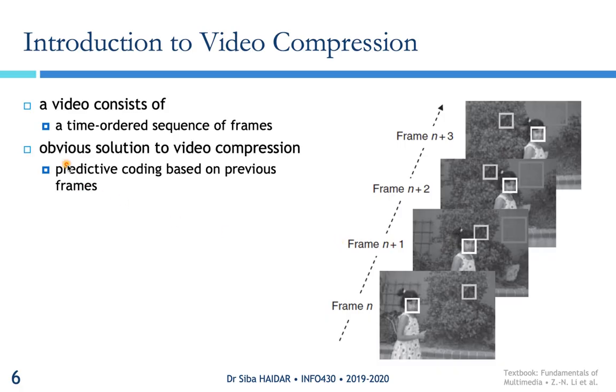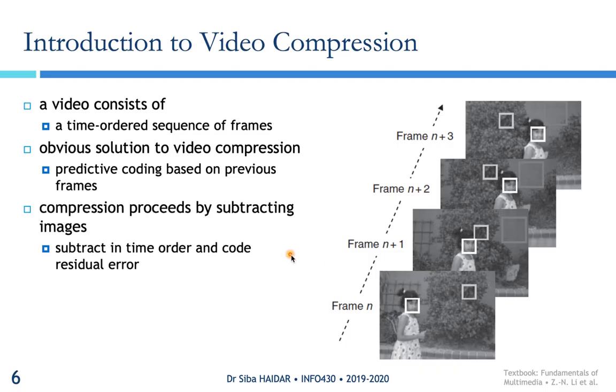So an obvious solution to video compression is predictive coding based on previous frames. Instead of coding each frame alone, since we know now that they are related in time, they are correlated, we can base on a previous frame in a certain video in order to code a current frame. How? The compression can proceed by subtracting images.